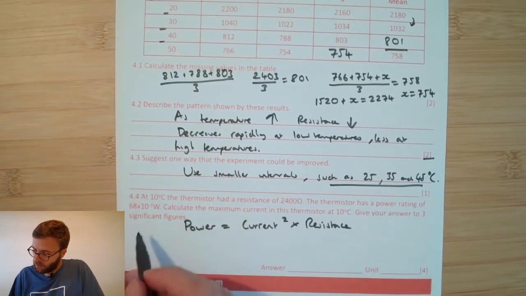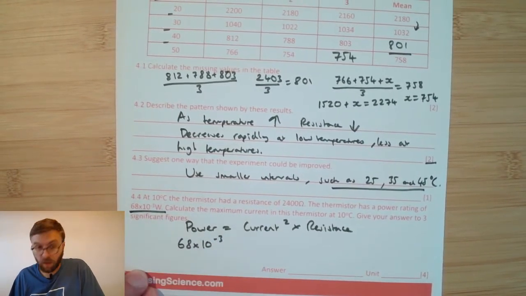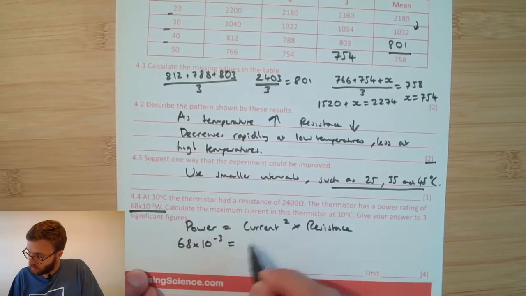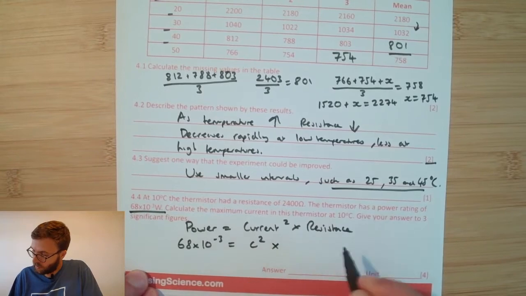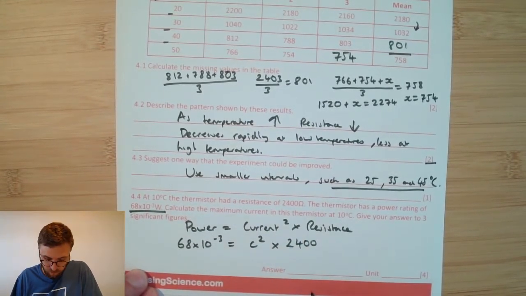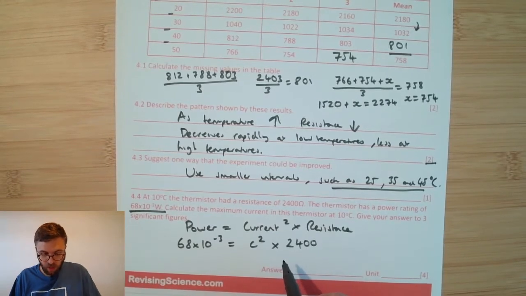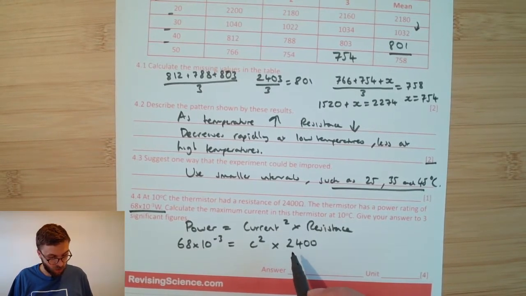So the power is 68 times 10 to the minus 3, the number that we've got from here, equals the current squared. We don't know what that is, so I'm going to leave current as C squared, multiplied by the resistance, which was 2,400. Again, we want to rearrange this by bringing the 2,400 over here.